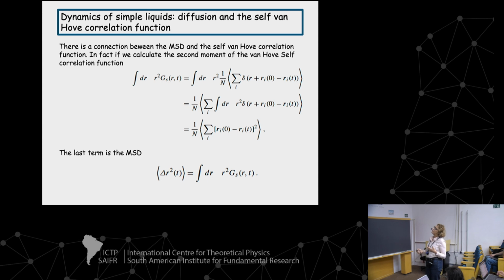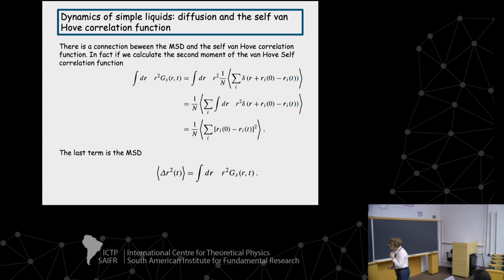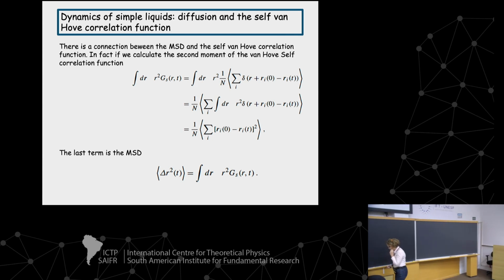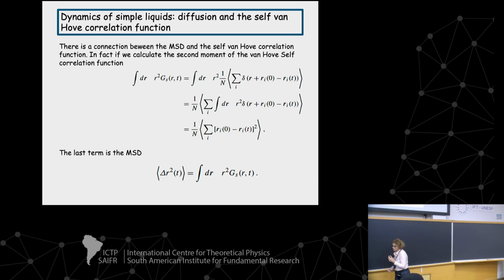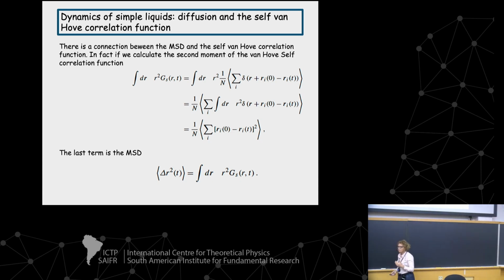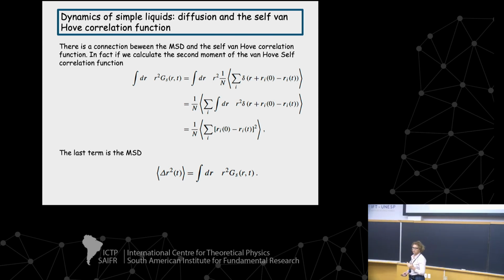Okay, so one thing that I want you to understand is this. The mean square displacement is an important quantity because it's practically telling the same story as the density-density correlation function.